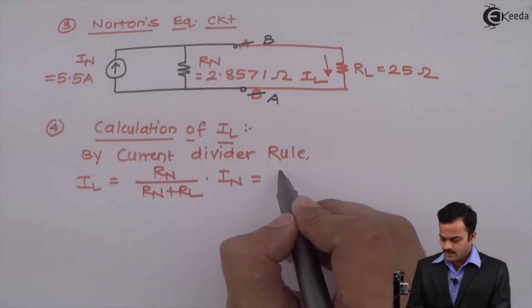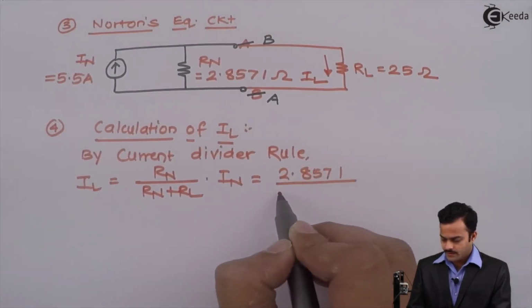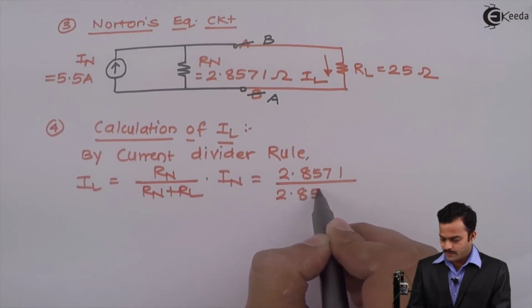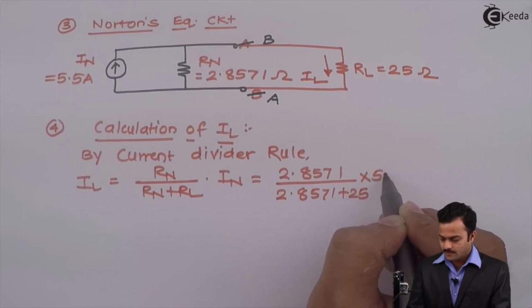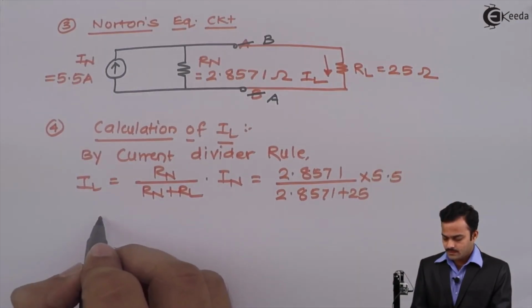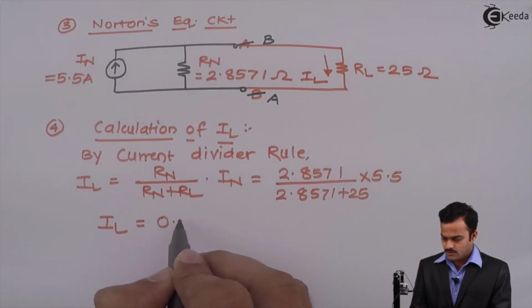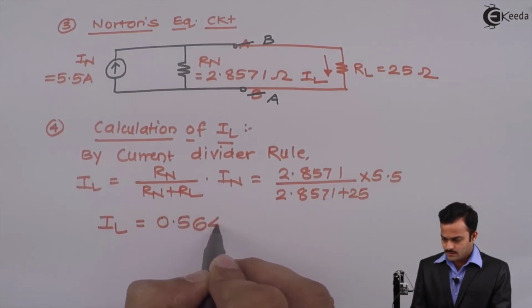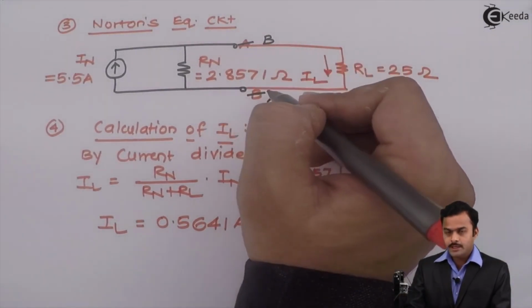So Rn is 2.8571 divided by 2.8571 plus 25, which is the load resistance, multiplied by 5.5. So after solving this, I will get IL as 0.5641 ampere from B to A.